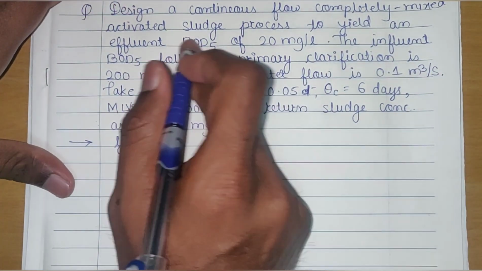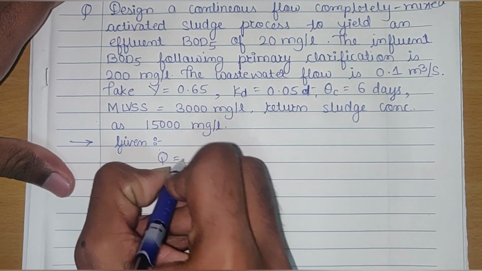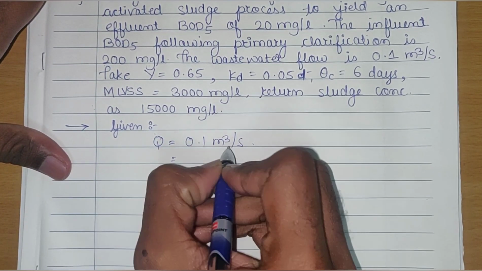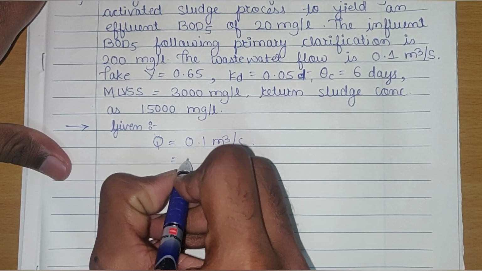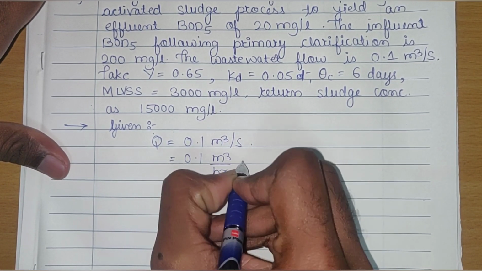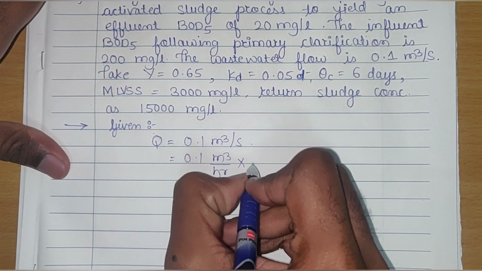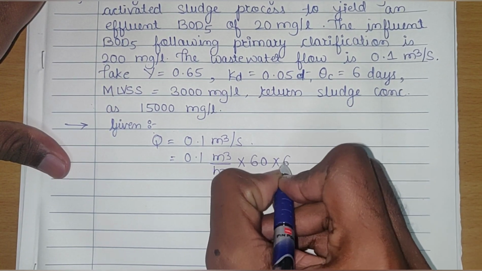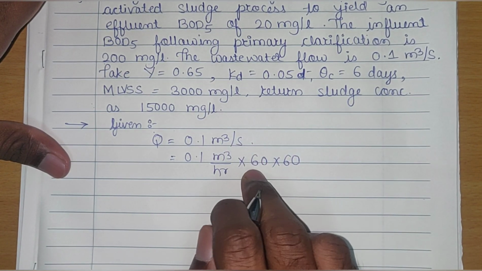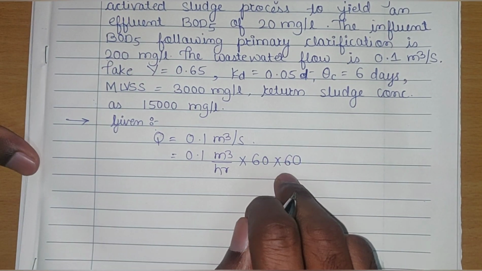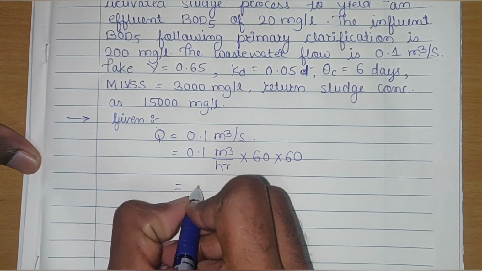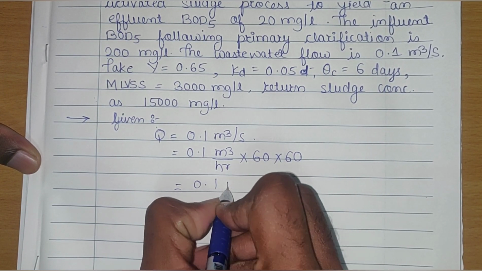What is given? First the flow rate Q value is given as 0.1 meter cube per second. So let's convert it into meter cube per day or meter cube per hour. First we will convert it into meter cube per hour. Simply multiply it by 60 into 60. 1 second is equal to 1 by 60 minute, and 1 minute is equal to 1 by 60 hours. Then let's convert it into meter cube per day.